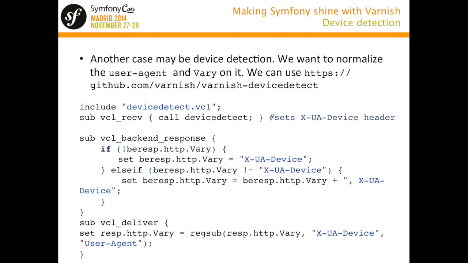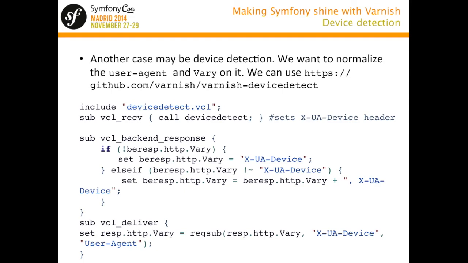Even within a single browser, you'll get Chrome 2.5, 2.7, 3.95. So you have to find a way to normalize because otherwise you're going to store thousands of variations of your content in your cache, and you don't want to do that. There's a really nice code, which you can also find on GitHub, which you can include in your Varnish configuration. It's as simple as that. You include it in your Varnish configuration, and you call device detect.